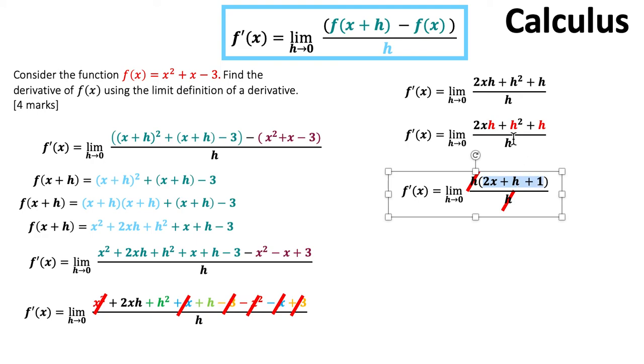The reason why I did that is because, if we didn't simplify it anymore, we would have to apply the limit, so all of our h's would go to 0. And if we did that, this would turn to 0, so would this one, and so would that one. And that would just be 0.